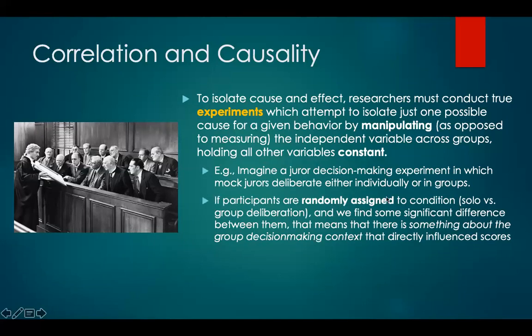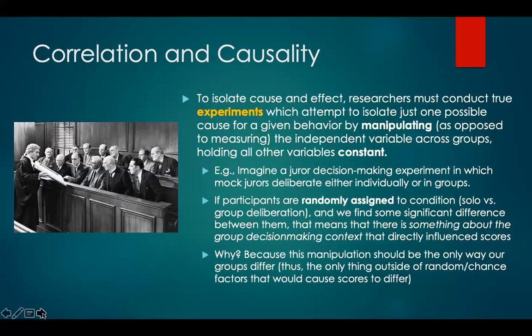If participants are randomly assigned to condition, that is, being alone versus in a group for deliberation, and we find some significant difference between them, that means that there is something about the group decision-making context that's directly influencing scores. Why? Because this manipulation should be the only way our groups differ. Thus, it's the only thing, outside of random chance factors, that would cause these scores to differ.